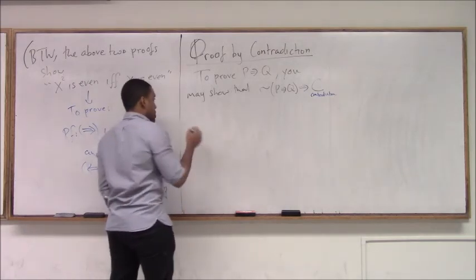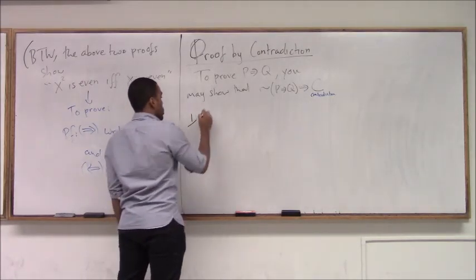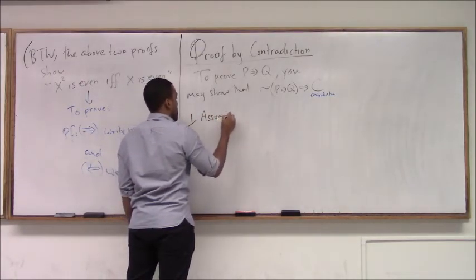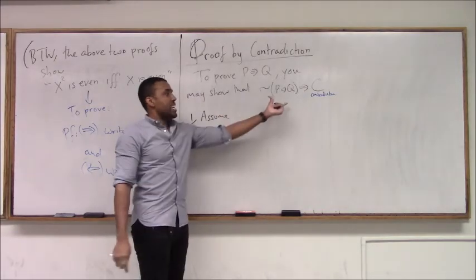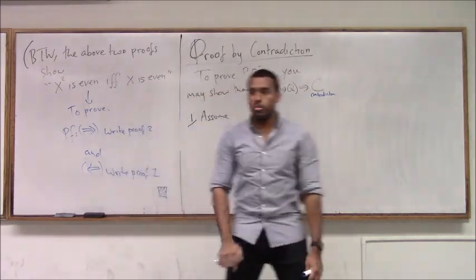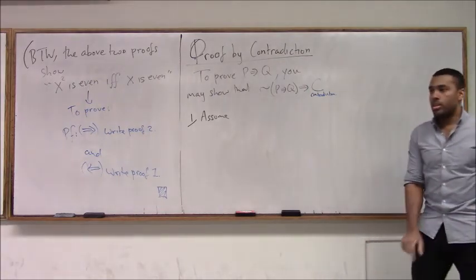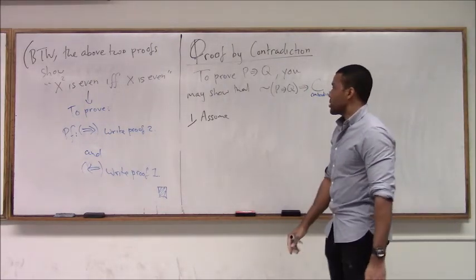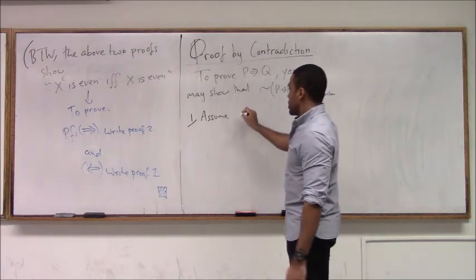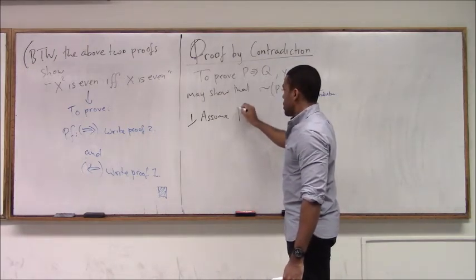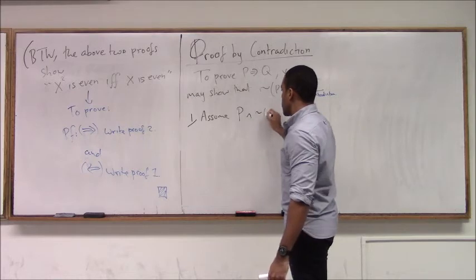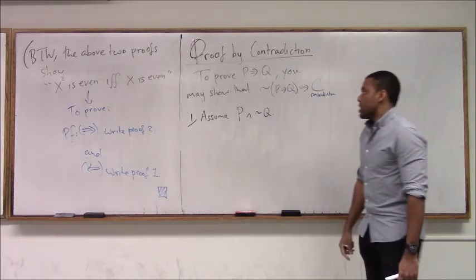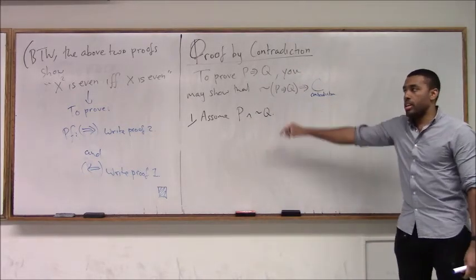So what would that mean? Step 1, you would assume the negation of the implication, which it's hard to actually write down without using the other equivalent definitions. What did we say this was? P and not Q, right? That is literally to assume the negation of that.